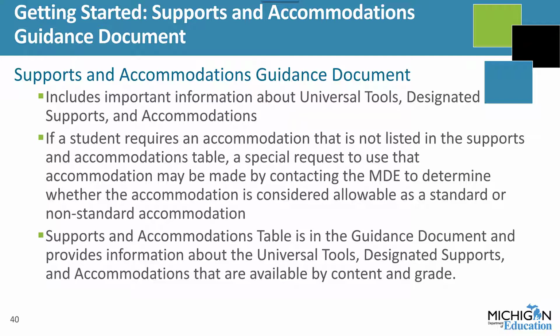The Supports and Accommodations table in the guidance document provides information about the universal tools, designated supports, and accommodations that are available by content and grade. Be sure to view the Student Supports and Accommodations presentation of this MME Day training for more information about what is available for students during testing.